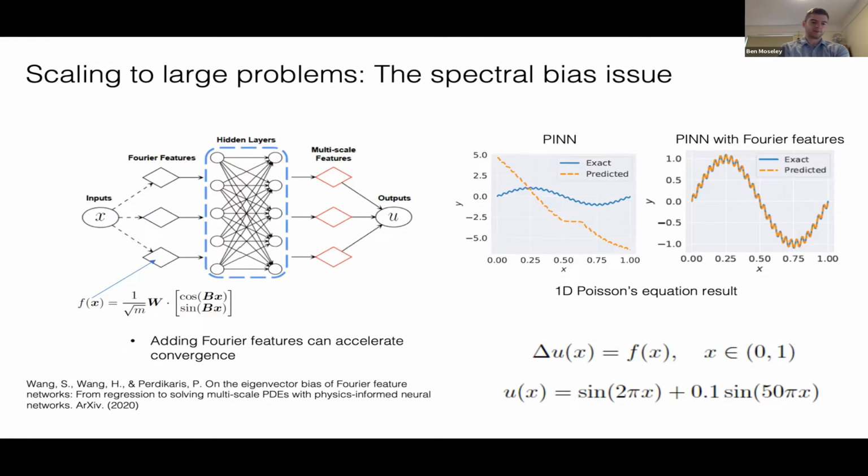So this is where you take trigonometric transforms of your input coordinates of the PINN, before you pass them to a standard neural network, and they show that can really accelerate learning certain frequencies in the solution. I guess one of the limitations here is that you have to choose the B matrices that we're computing those Fourier features over, to try and match them to the frequencies of interest in your data.